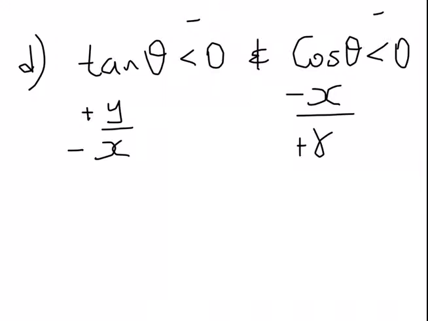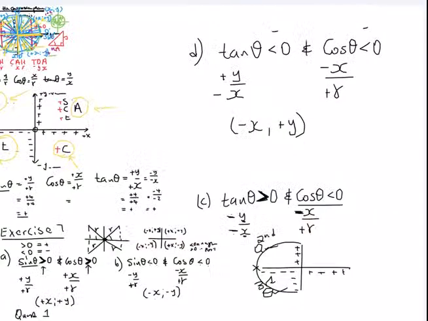It therefore means we are looking for that quadrant where we are having a negative x value and a positive y value. That's how we will know in which quadrant it falls.